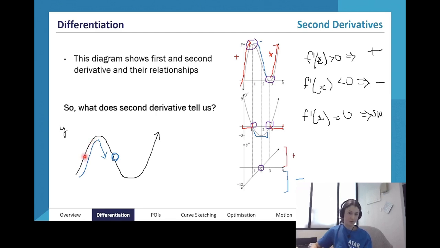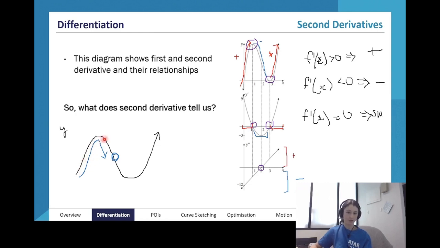And this is because down here, the gradient is really steep. But as it's coming closer and closer up here, it's getting more and more flat as it approaches the stationary point. So it's really, really steep down here and getting more and more flat. It's getting closer and closer to zero. So even though the gradient itself is positive throughout this entire section, it is actually getting smaller. It's getting less and less positive. It is decreasing.